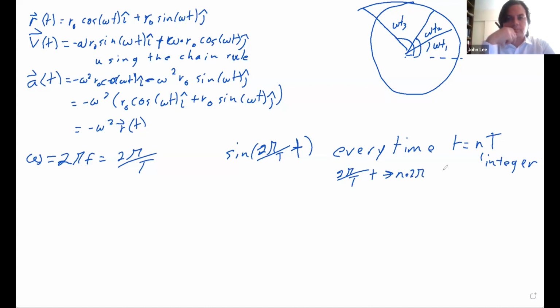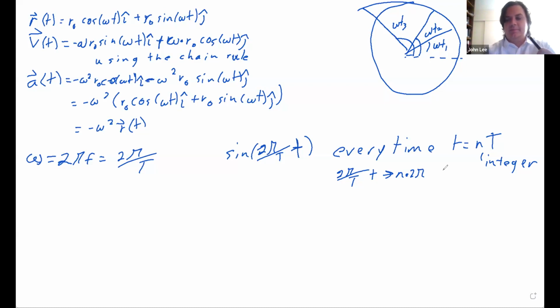Which means that every time you go through the period, big T, you're going to go through the entire cycle of the sine wave, from 0 to 2 pi, and then from 2 pi to 4 pi, from 4 pi to 6 pi.